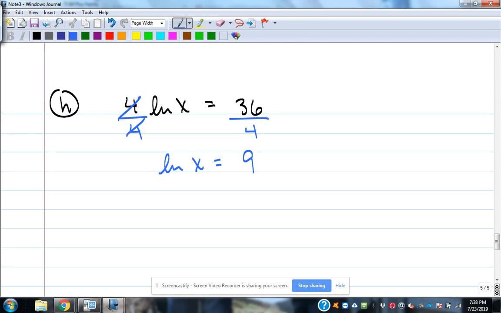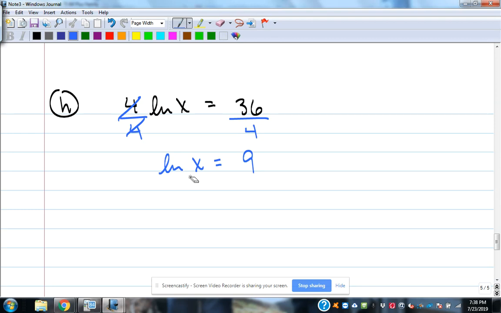And here's where knowing what the base is is the key to being able to solve these, because it has the natural log in it to begin with. In order to undo a log, you want to think about exponentiating using an exponential. The base of the natural log is what? It's e.